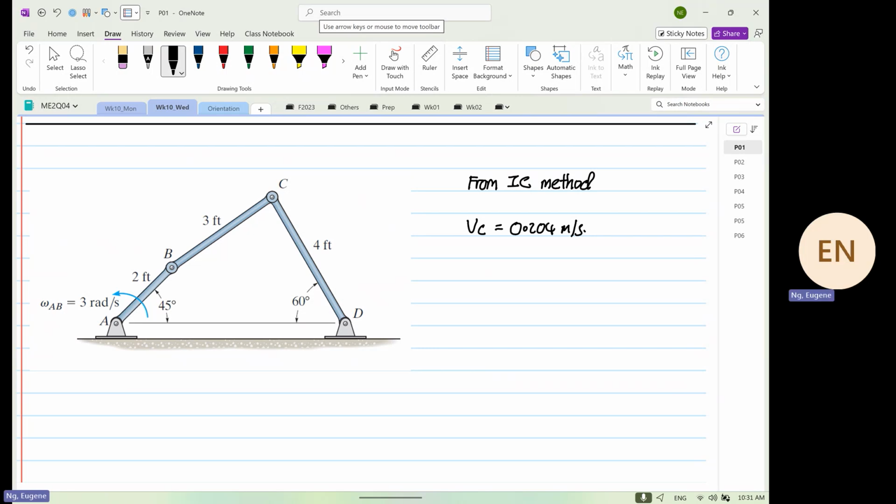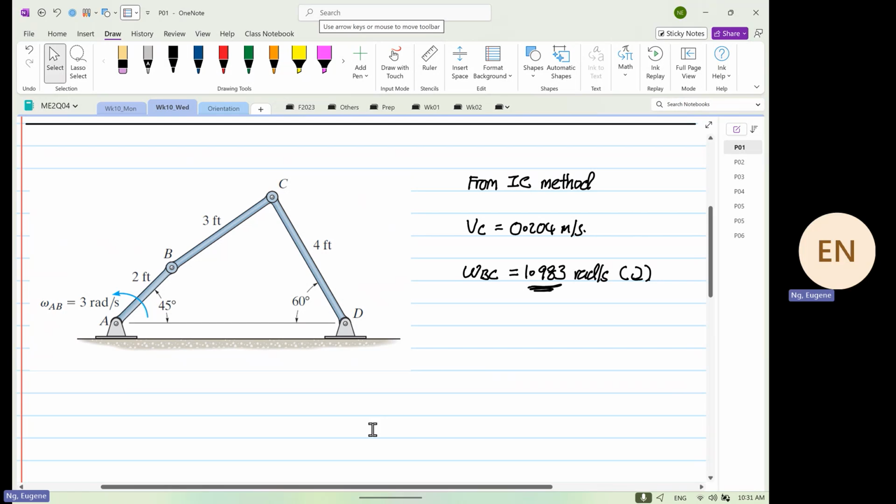And from the instantaneous method, we also discovered that omega BC is equal to 1.983 radians per second, and is in this direction. Now, let me elaborate on this point.